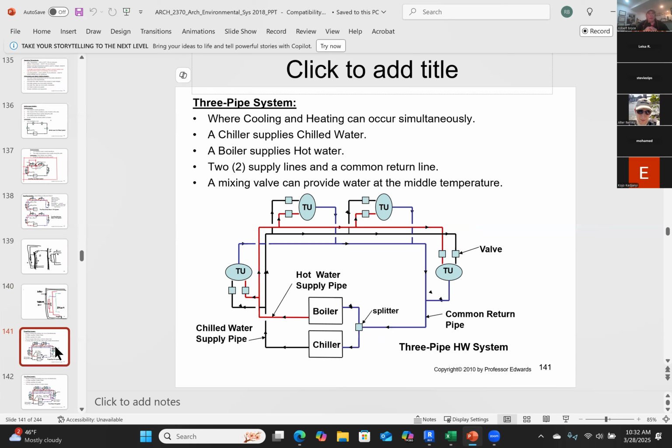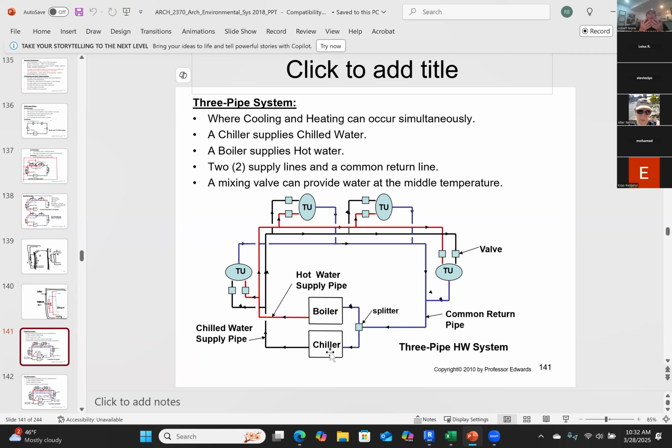If you think about that, well, how many pipes are there? Well, there's three. And what do we have? Well, now we have a boiler and a chiller. One pipe that supplies our terminal unit is a cold or chilled water. One pipe that supplies our terminal unit is a hot water.